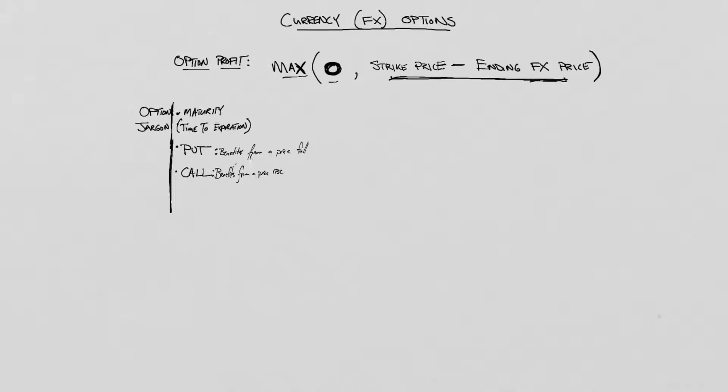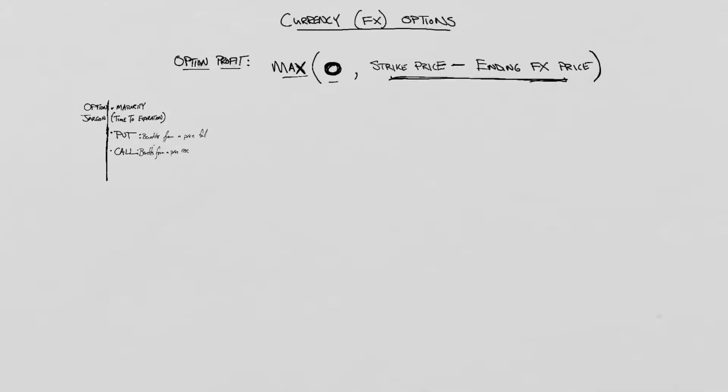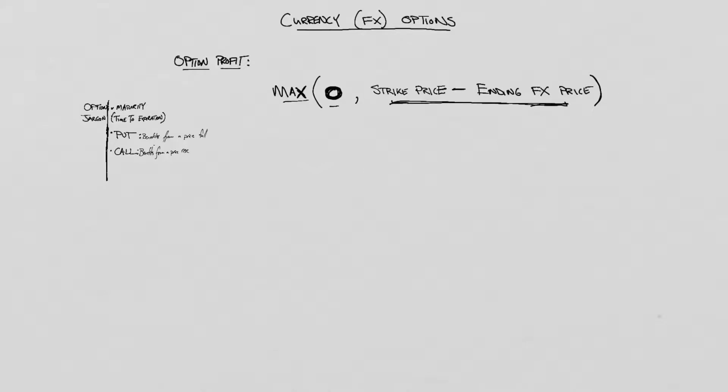So if this is the option profit for a put, and a put is where you benefit if the price falls in value, then the payoff of an option for a call is very similar, but kind of the opposite.